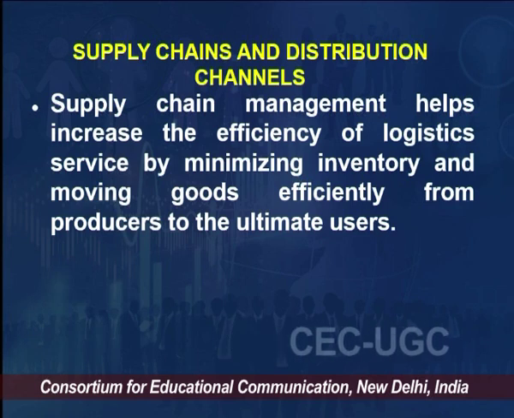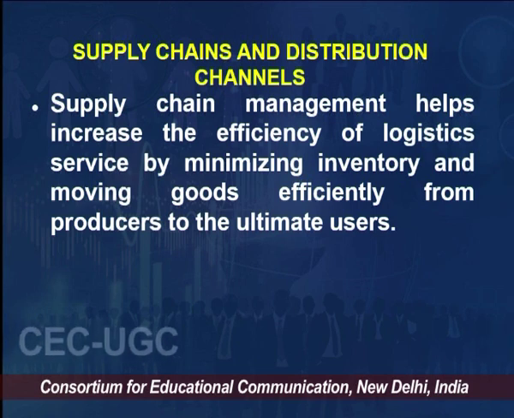So supply chain management, in a way, helps us increase the efficiency of logistics services by minimizing inventory and moving goods efficiently from producer to the end users, or from one place to another, that is, the place of production to the place of consumption.